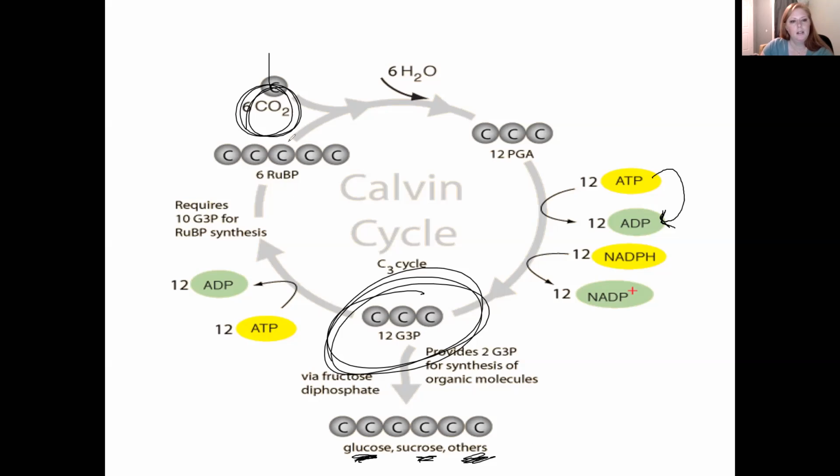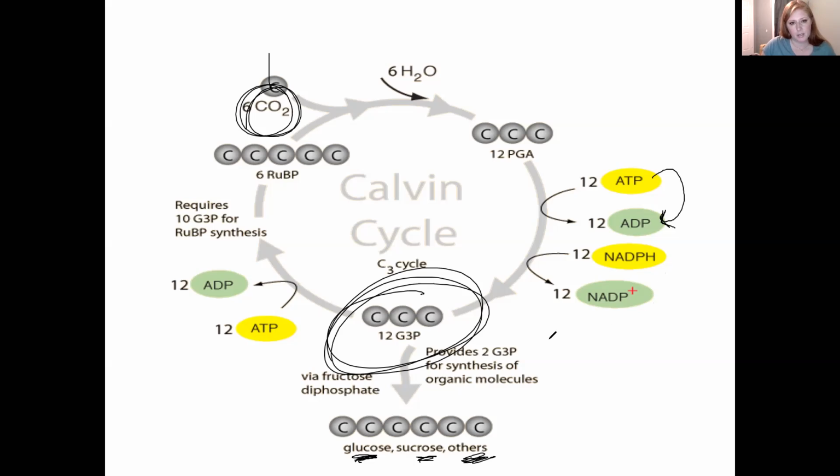So we've got carbon dioxide coming in, water coming in, and from the light reactions we have our ATP and our NADPH. As the cycle of carbons continues through the Calvin cycle, our ATP is turned into ADP in two places, here and over here. Then our electron carrier, NADPH, is oxidized to form NADP+.